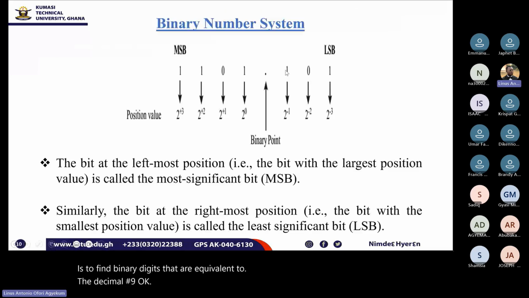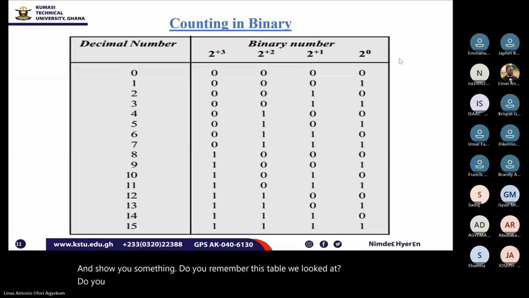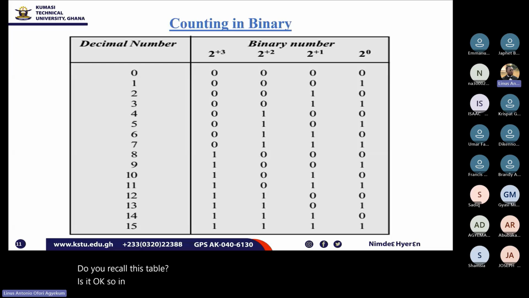Do you remember this table we looked at? Yes, sir. Okay. So in converting the binary using the position value or using the sum of weighted methods, what it basically means here is that, let me see if I can write for you to see.